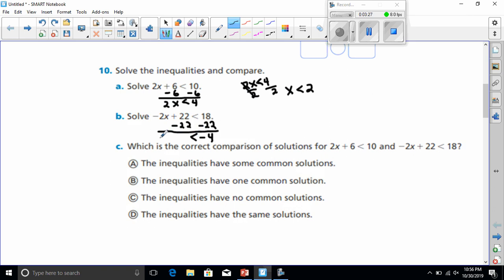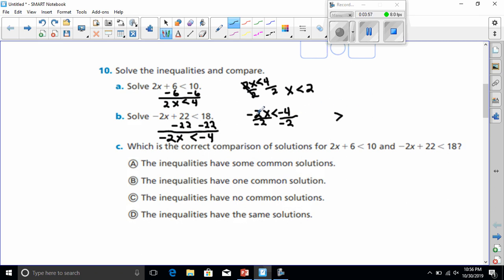And then negative 2x. Here's where it gets a little tricky. Remember, when we have a negative coefficient like we do here, and we go to divide or multiply that coefficient away, in this case we're going to be dividing it away. Whatever we divide by a negative number, we have to turn our inequality symbol in the other direction.